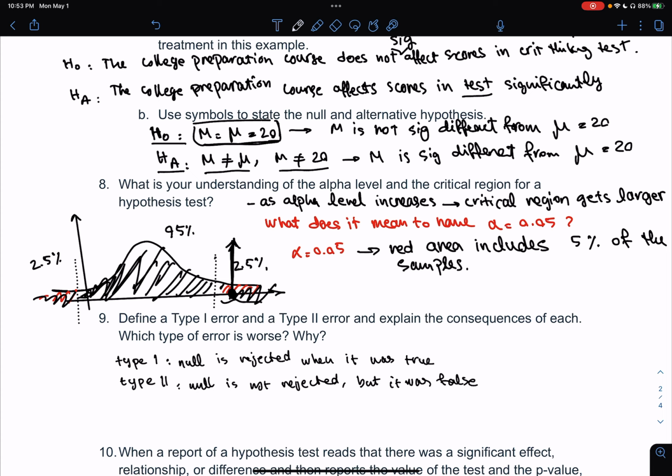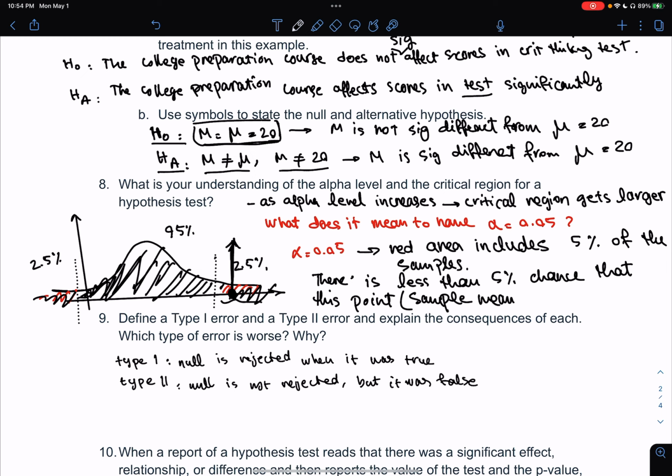If it is in the critical region, we can say that there is less than a 5% chance that this sample mean belongs to the sample that we have right now.